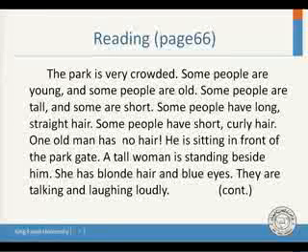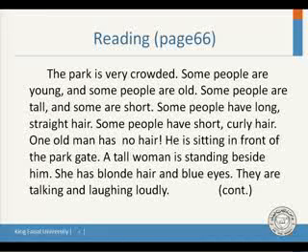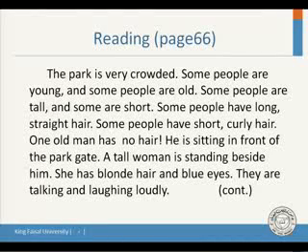The second slide, the park is very crowded, another adjective. Some people are young and some people are old. Young, old. Some people are tall and some are short. Tall and short.